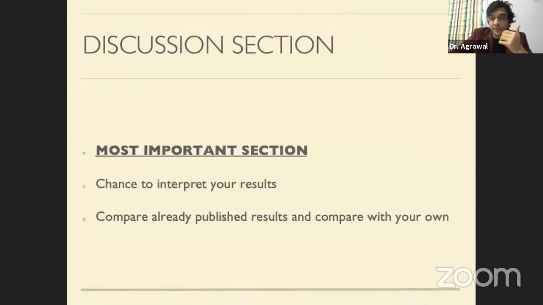So now let's move on to the discussion section. It's actually one of the most important sections. You get a chance to interpret your results and compare already published results with your own, because it effectively demonstrates your ability as a researcher to think critically about an issue, to develop creative solutions to problems based on the findings, and to formulate a deeper, more profound understanding of the research problem you're studying.